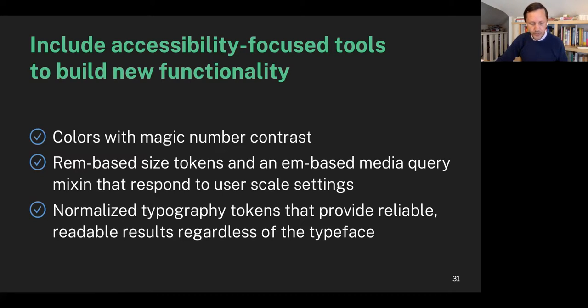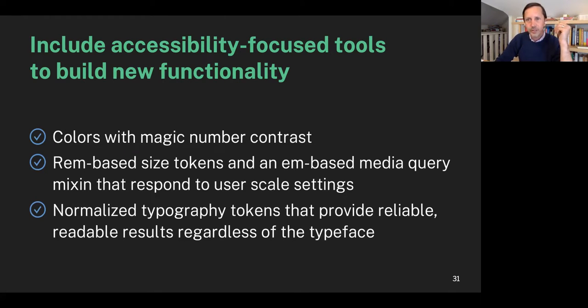So this is where something like our color tokens with magic number contrast come in. We won't get into it in a lot of depth here, but one of the reasons we have color tokens set up the way we do, given grades from 0 to 100, is so that you can see with any color combination whether it passes a certain level of accessible contrast.